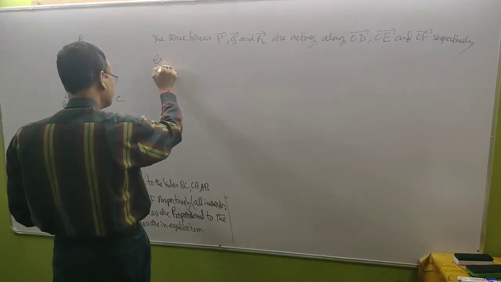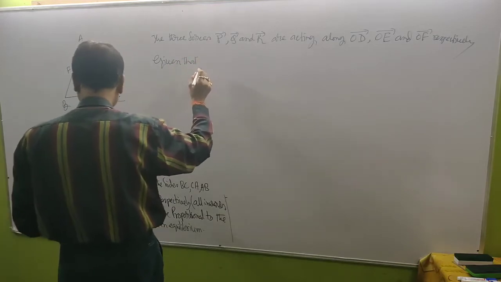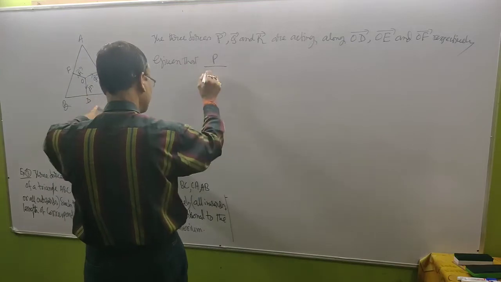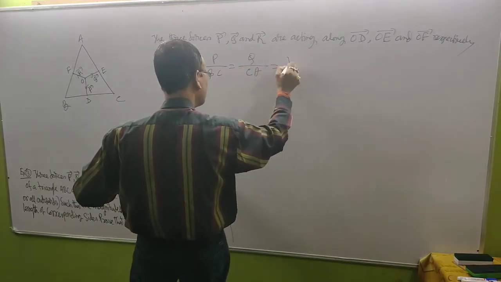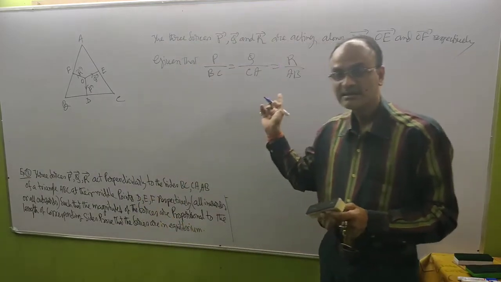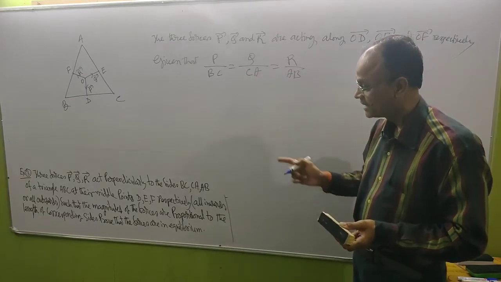Given that P divided by BC equal to Q by CA, this is equal to R by AB. This statement is given in the question.